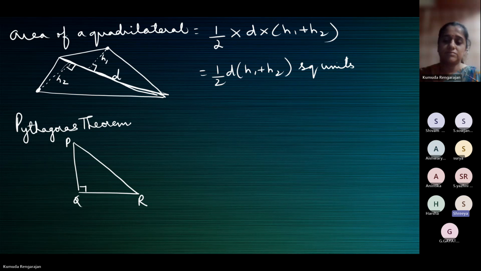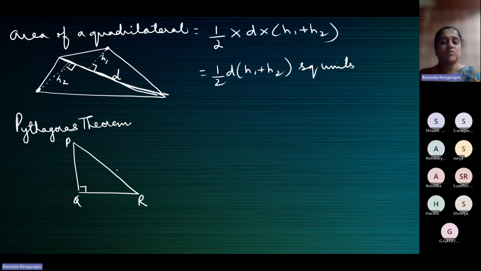I want you to tell me the result by Pythagoras theorem for this right triangle using the sides PQ, QR, and PR. PR square is equal to PQ square plus QR square. Very good, Gayatri.